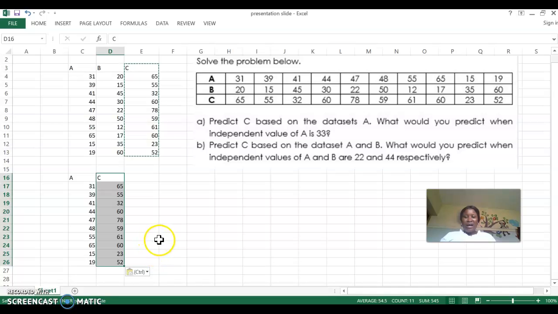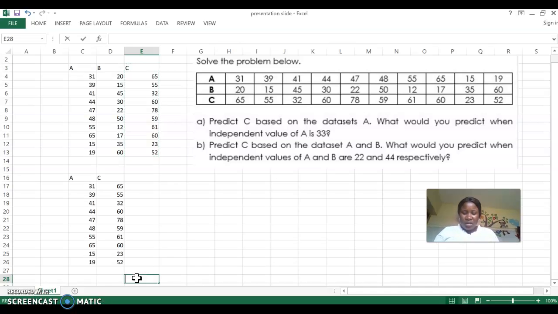Excel enables us to use certain functions to calculate that. So I'm going to type slope to calculate my slope. I'm going to use this formula: equals slope, include my parentheses.